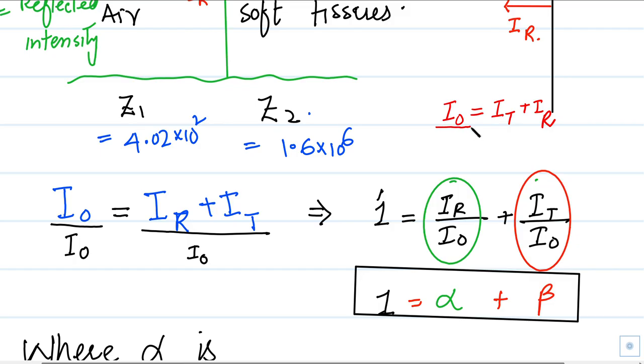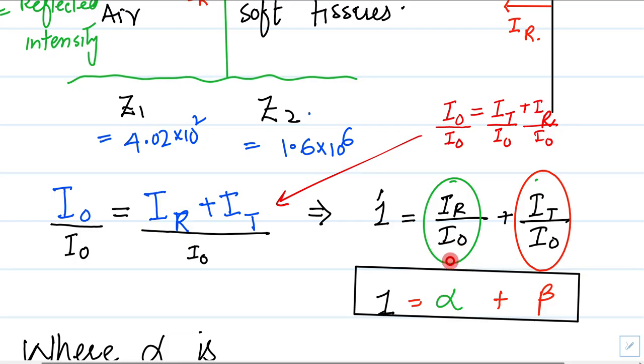But if I want to make a ratio of all this, I will say I naught divided by I naught, IT divided by I naught, IR divided by I naught. So I naught divided by I naught is gone, and you are left with 1, and here IR will be divided by I naught separately, and IT will be divided by I naught separately.